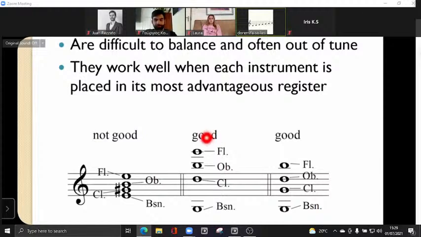Say that in these two examples that are correct, the flute is playing in a high register, and here it is playing in a kind of weak register. That's why these two examples work, because we can hear the flute at the top, and it is not overshadowed by the oboe.